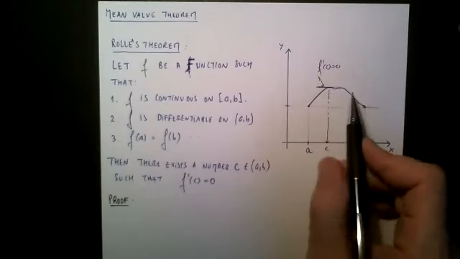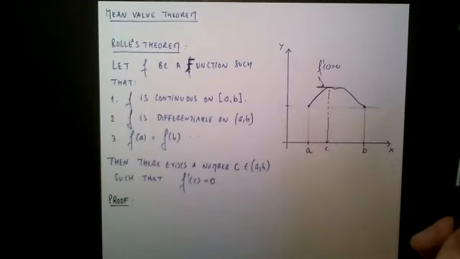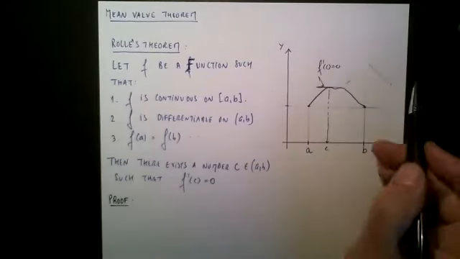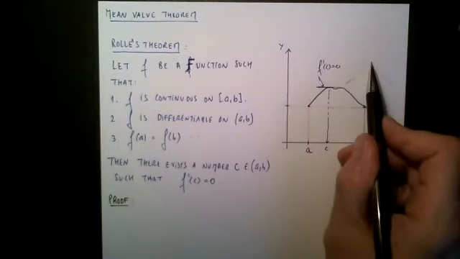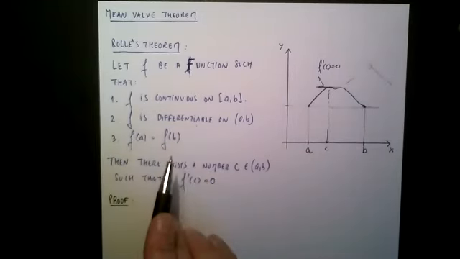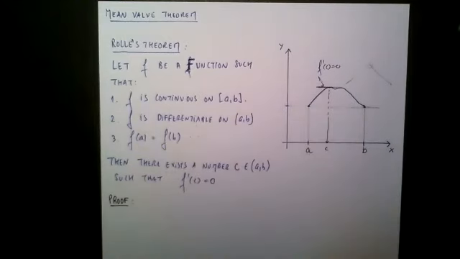And if it comes back down, then it has to pass by a point where the slope is 0. Unless, of course, there's no point where the slope is 0, but that means it's not differentiable, which is not in my requirements. So if it's differentiable, then it's guaranteed to pass by a place where the slope is 0. Is this okay?